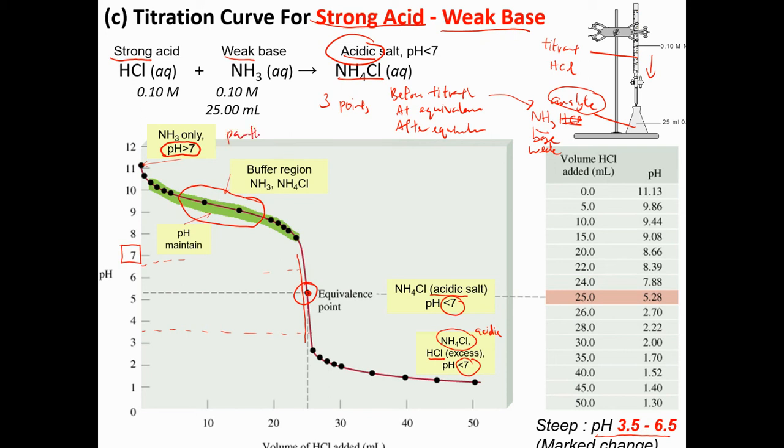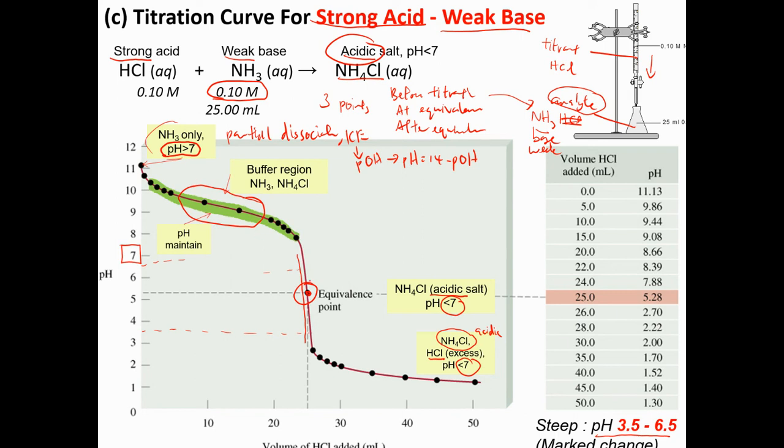It partially dissociates. You need the ICE table in order to get pOH. Then only you get pH equals to 14 minus pOH. If the question doesn't give you the concentration of ammonia, then what you do is you just put it more than 7, because this is a weak base.